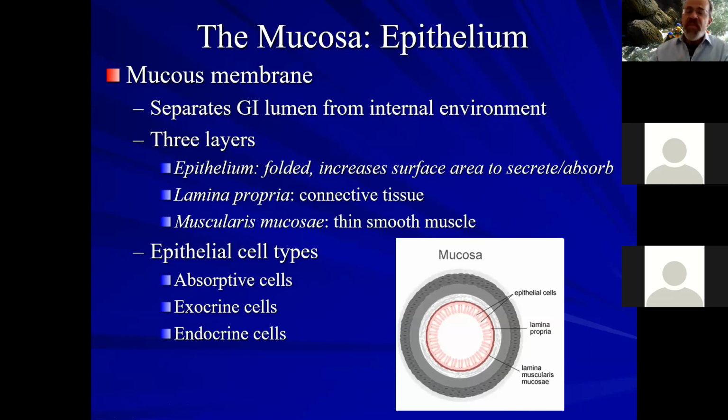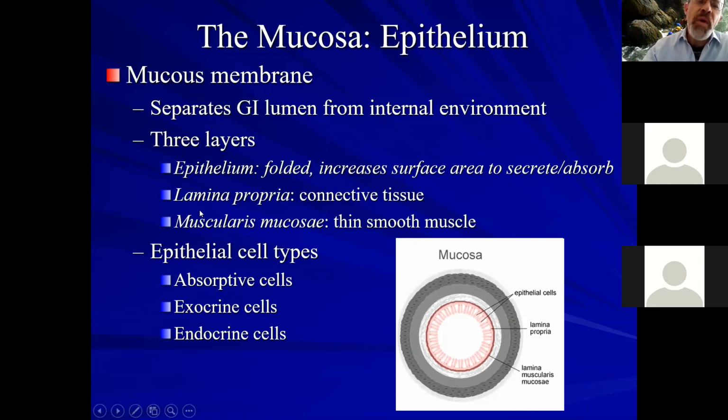In this case, the increased folding increases the surface area to maximize the area for secretion and absorption. So virtually every system, most of the internal systems, have a structure that maximizes the surface area in a variety of ways, whether it's branching or folding, to maximize their function.